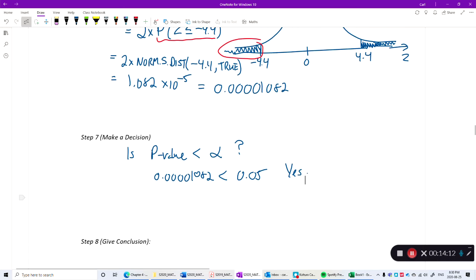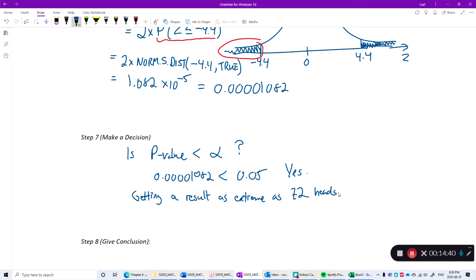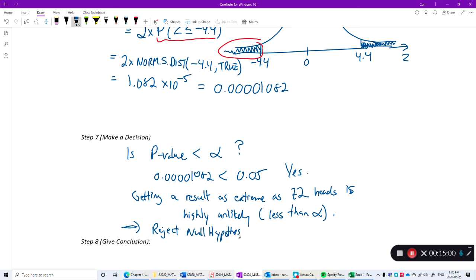So that means that getting a result as extreme as 72 heads is highly unlikely. It's certainly less than alpha. So our decision is going to be, we're going to reject the null hypothesis. We're going to say this coin is not fair.